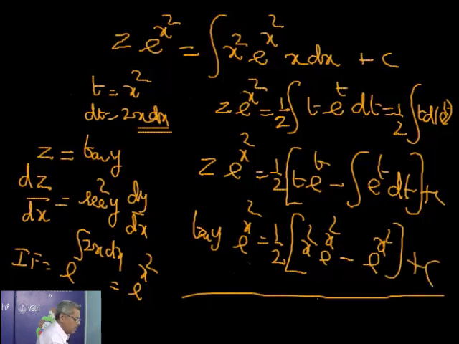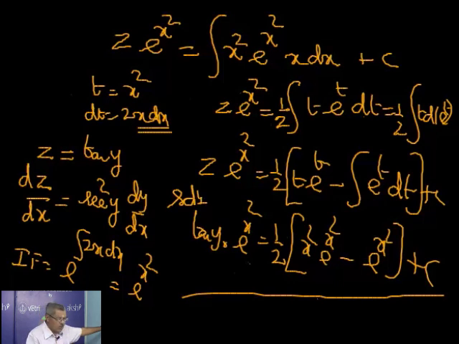So this is the complete solution of the given differential equation, in which we have converted the given differential equation into linear type, linear in z, where z is tan y. Therefore, this linear equation we can get in any variable: linear equation in theta, linear equation in r, linear equation in z, linear equation in x, y.